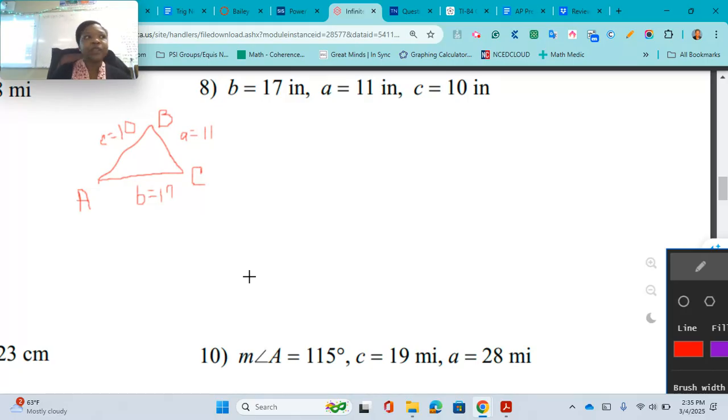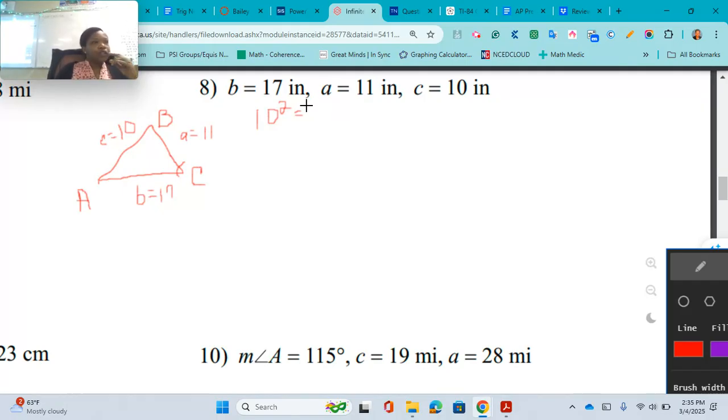We always start with the smallest. What will be the smallest angle? So that's angle C. All right, so we're going to look for angle C first. So we're going to use the length of C to start with. So that would be 10 squared equals what? 100.